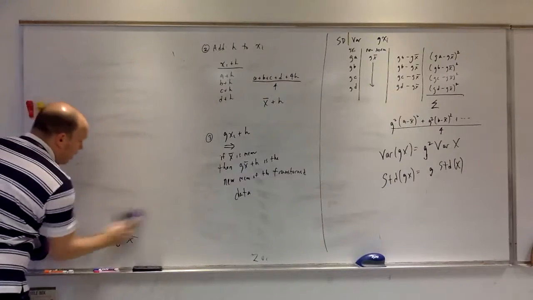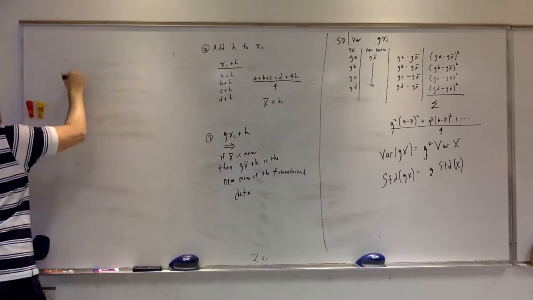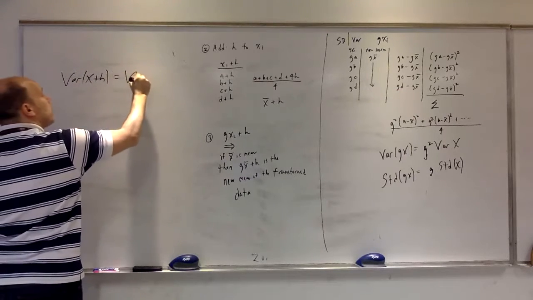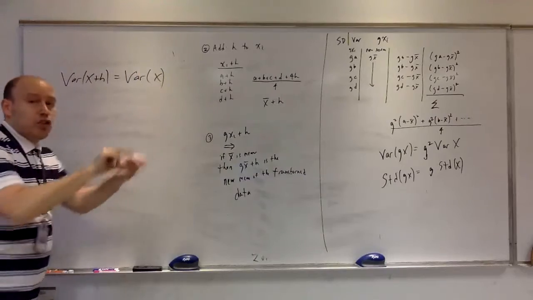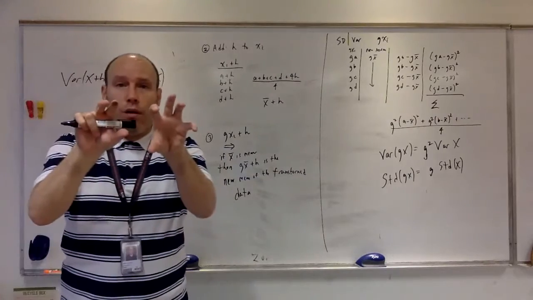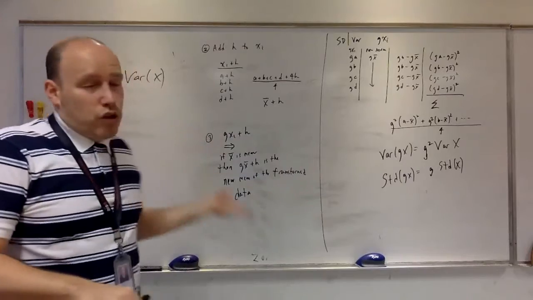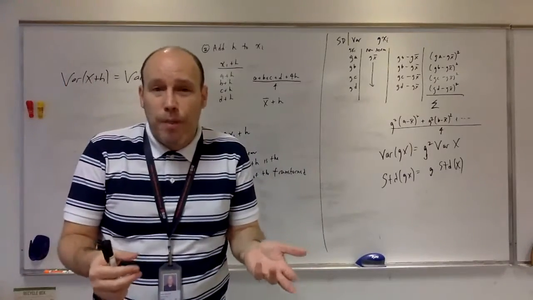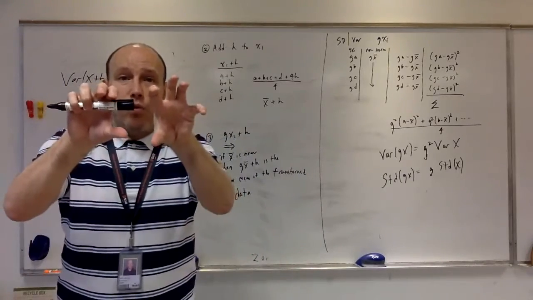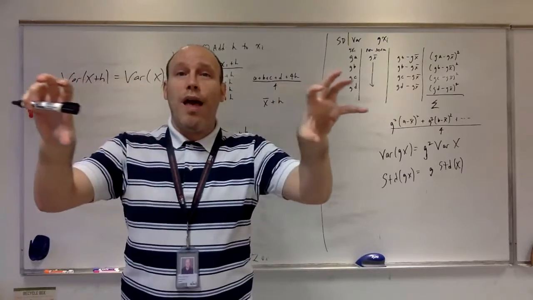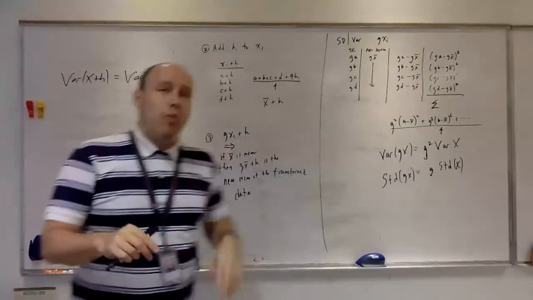So we can clearly see that the variance of x plus h is equal to the variance of x. That spread does not change. It doesn't matter if I move it here. Once again, with our original example, the basketball scores, if I add 5 to all the scores, that doesn't change the stretch. If I multiply the scores, that spreads it out.